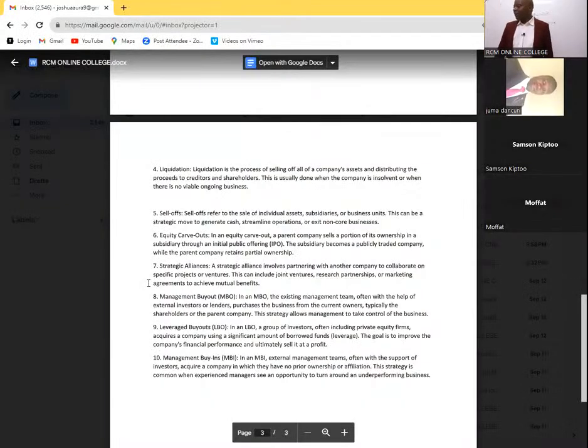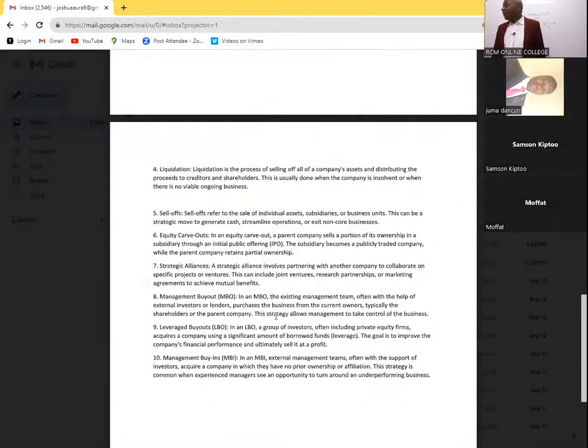So, management buyout: the existing management team, often with the help of external investors or lenders, purchases the business from the current owners. Existing management buys the business from the current owners. And then we have management buy-in.